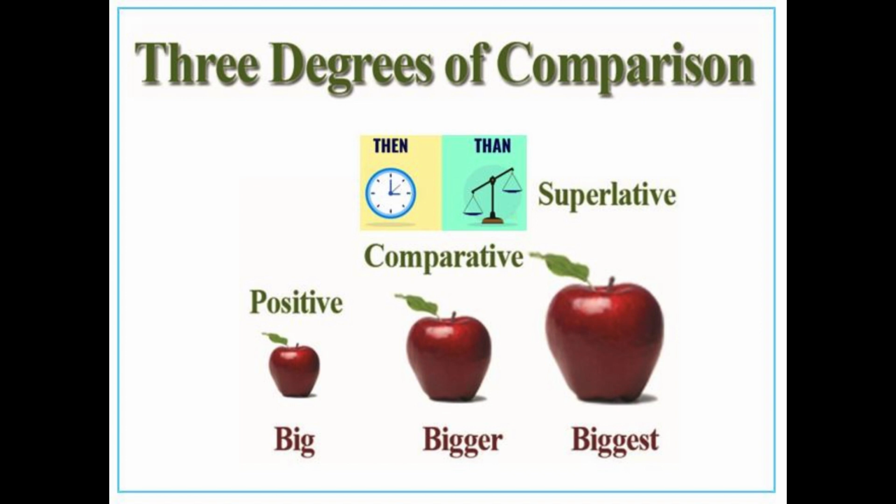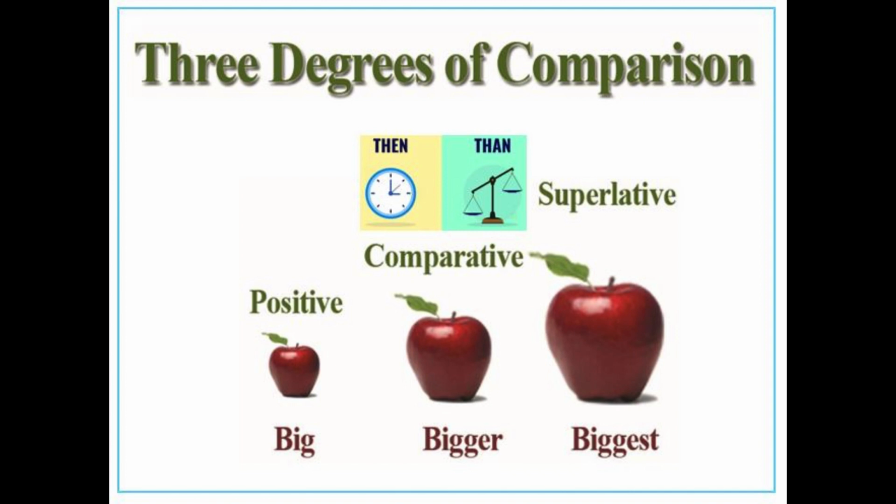An important thing to be remembered here is that when we use the comparative degree of adjectives to compare two things, we use the word than. For example, taller than, smaller than, bigger than, etc. However, I hear a lot of people use the word then when they are comparing two adjectives, which is wrong. Remember, then is a word that we use when we are talking about time.